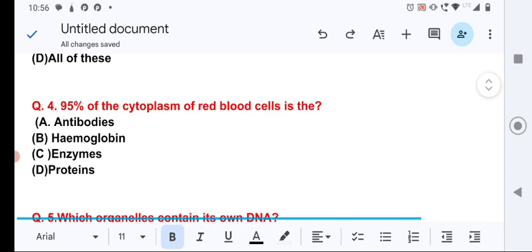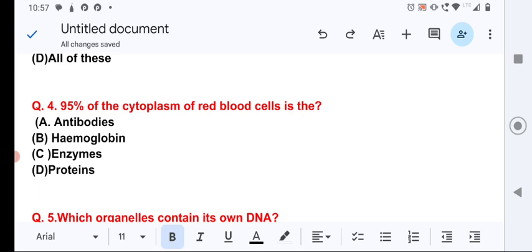Now question number 4: 95% of the cytoplasm of red blood cells is option B, hemoglobin. As I have discussed previously, hemoglobin is the chief constituent of the RBC. Hemoglobin is the carrier of oxygen and is responsible for the red color of the blood.